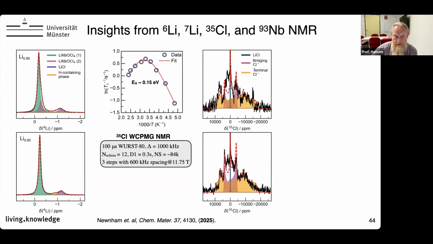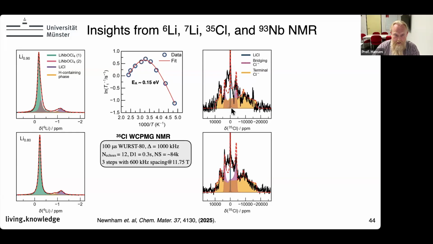You can do chlorine, and here we did 3 steps, so 3 different offsets using these conditions. And as you can see, it's very noisy, and this is actually quite a lot of scans. Okay, it's a short D1, but we took this lower spectrum here. You can see the singularities, and you can fit it. In this case, we can also see the lithium chloride in here.